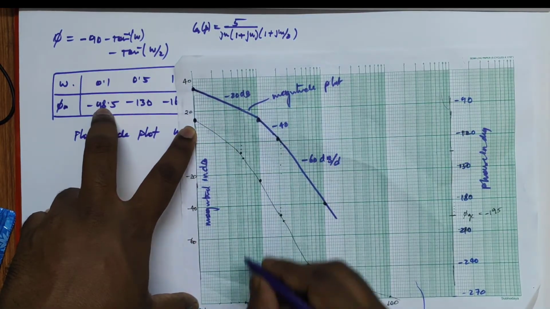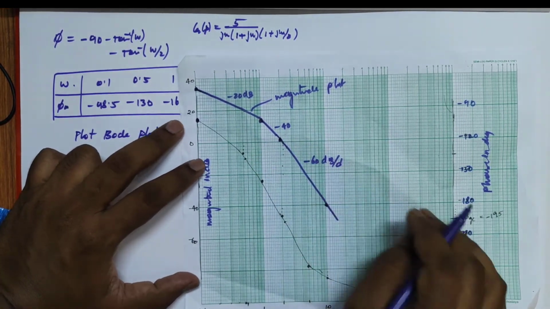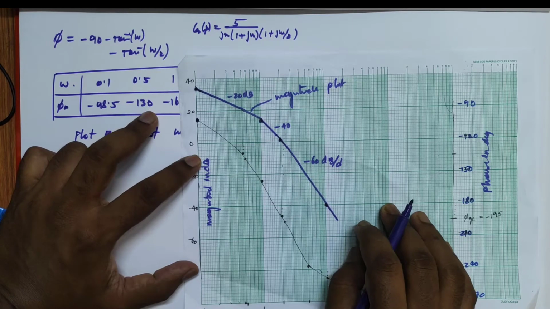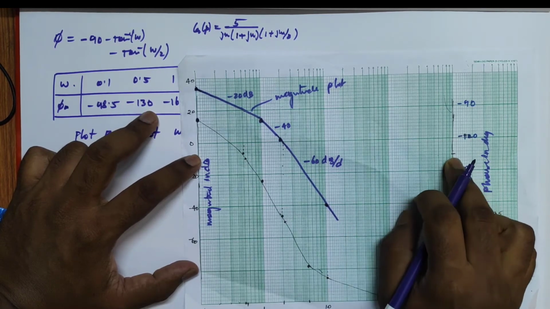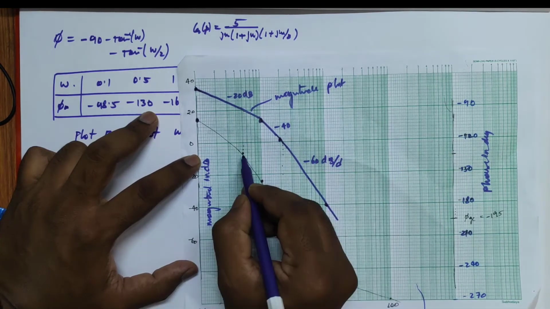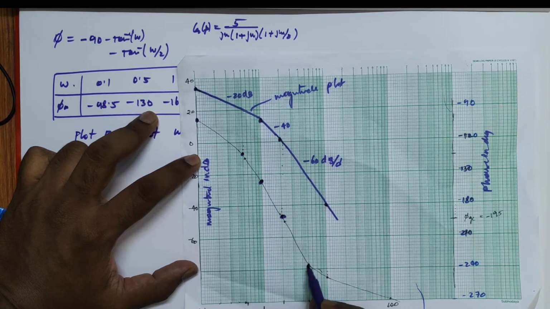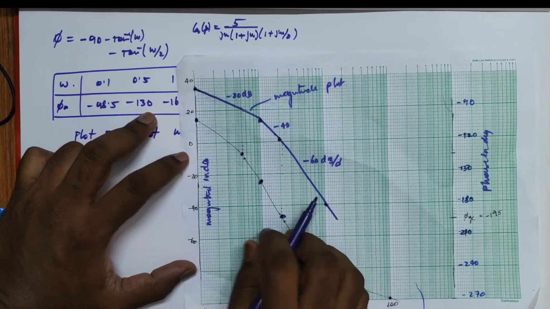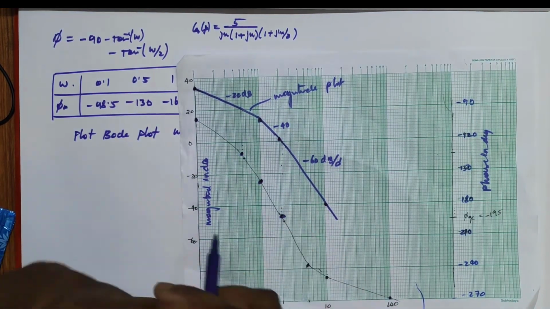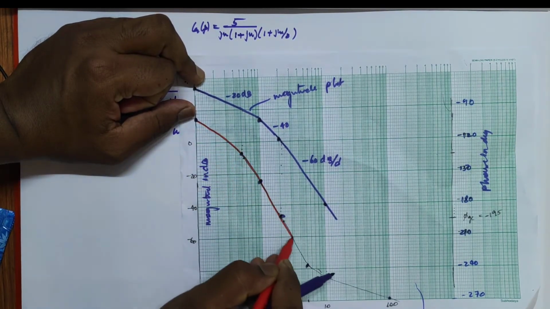Eventually at 0.5 I got a point at -130, which is somewhere here. I plotted all those before, and for this I got the phase plot like this.